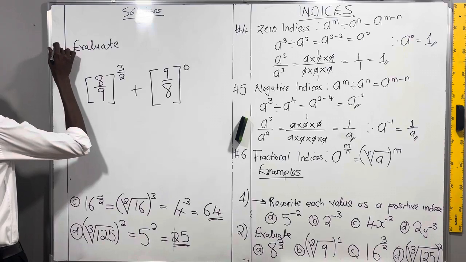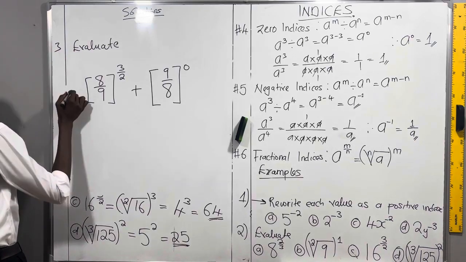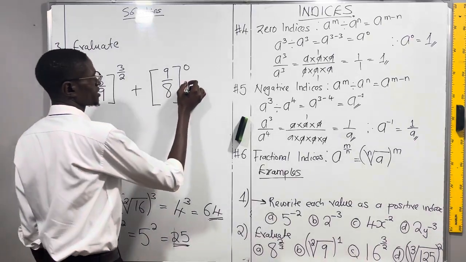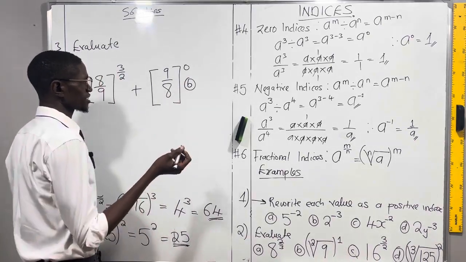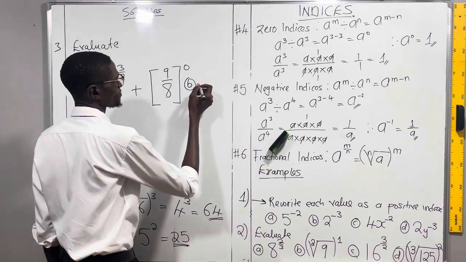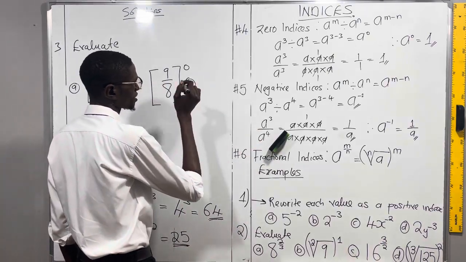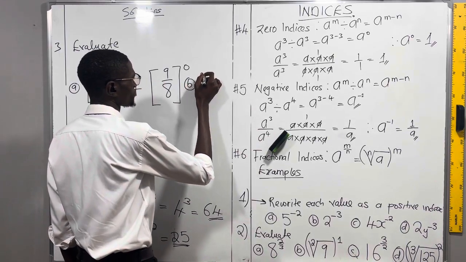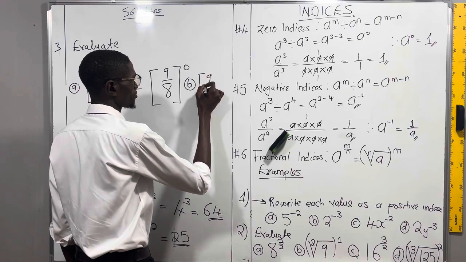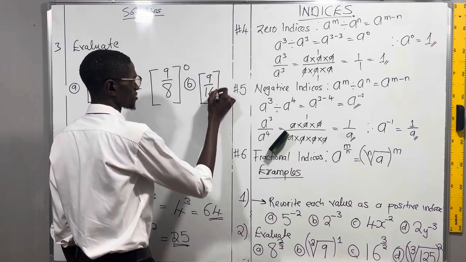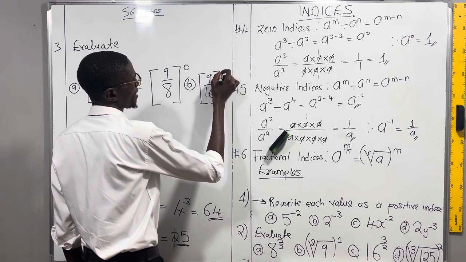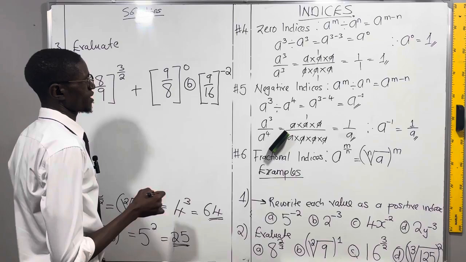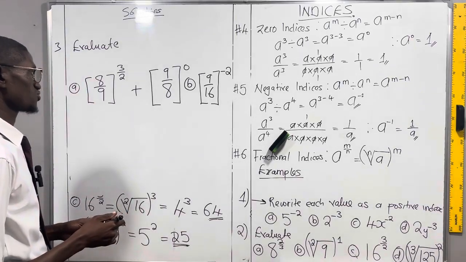Okay, let's call this one A, and then let's say we have B here. For example's sake, let's use 9 over 16 to the power negative 2. Okay, yeah, this one as well.